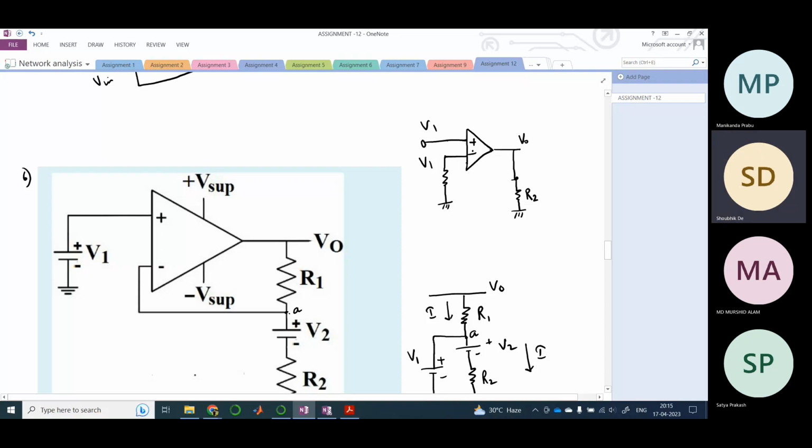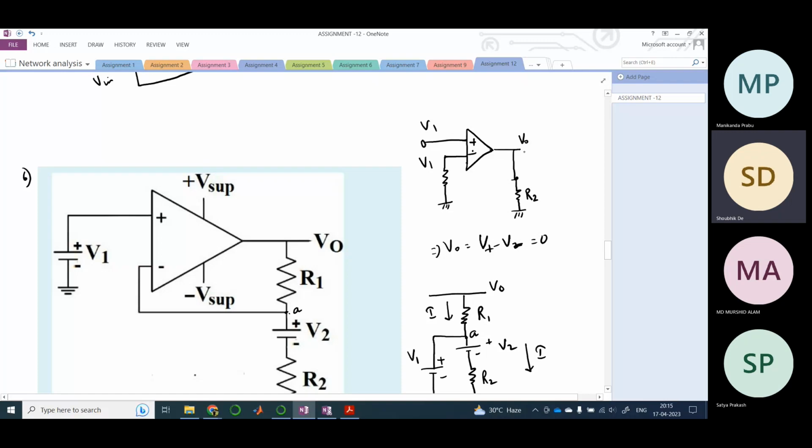If you still consider your op amp to be ideal, then the potentials at the inverting and non-inverting terminals are equal. Therefore ideally this would be zero, because V1 minus V plus minus V minus is zero, right? How will it draw current?